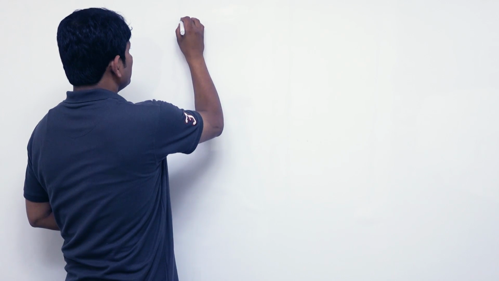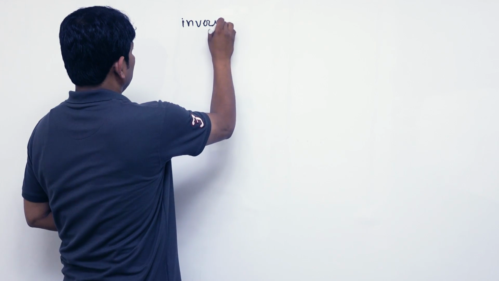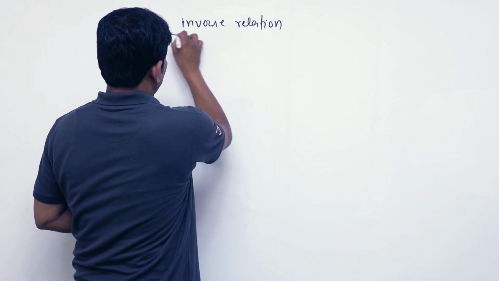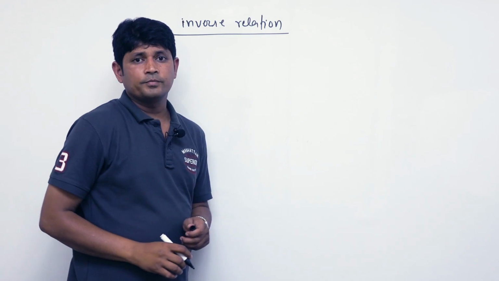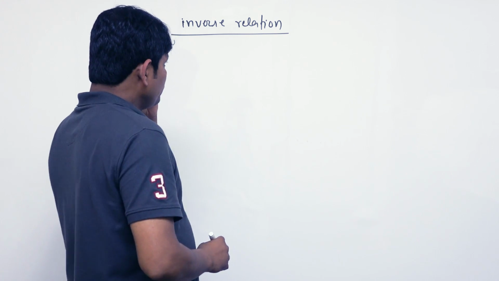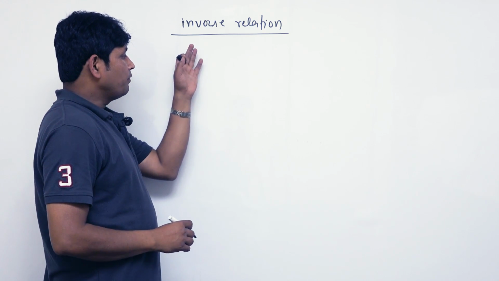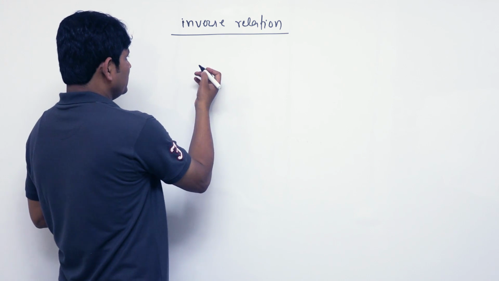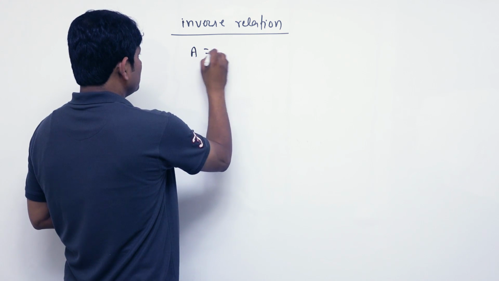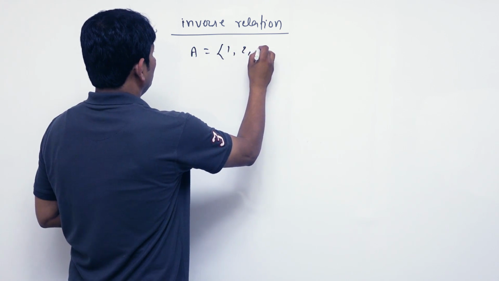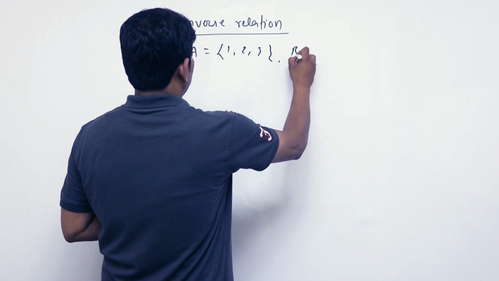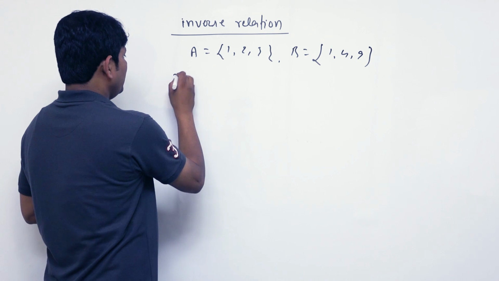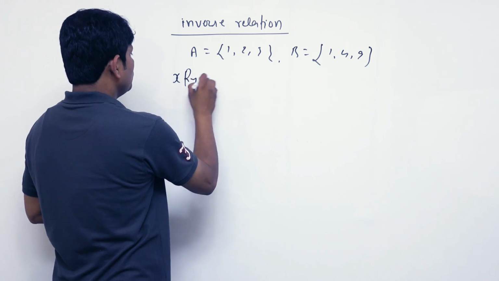Now, inverse relation. Suppose, as we did before, A is 1, 2, 3 and B is 1, 4, 9, and x is related to y.